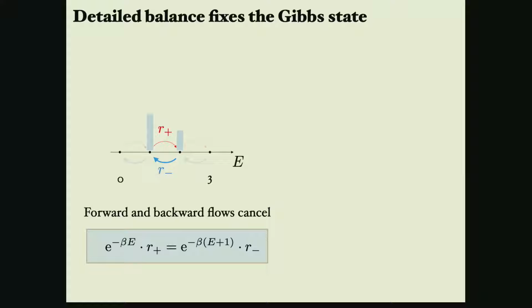The idea of detailed balance is to enforce that the flow between any two configurations cancels out at stationarity. You can write down an algebraic expression that captures this. If the two flows are equal, then nothing changes, so the Gibbs state must be stationary.